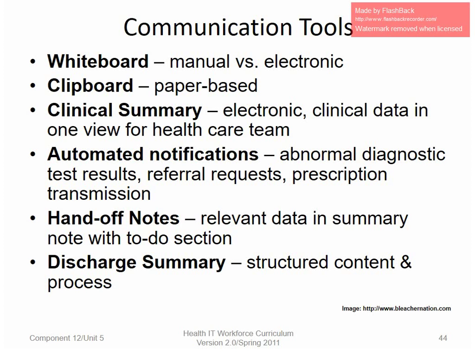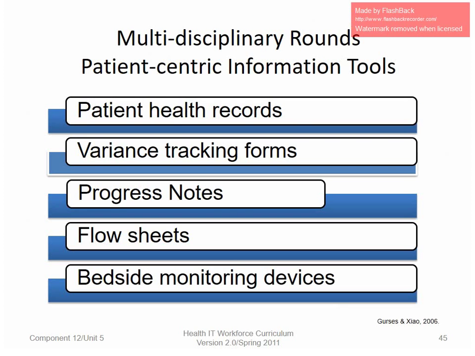Clipboards, what did that mean in a paper-based world, and how does that translate to electronic? What does a dashboard or clinical summary look like, and how can we make it interactive and dimensional now that it's electronic? Handoff notes. We talked about SBAR, so how do we transform that into an electronic format so that it still makes sense and follows workflow?